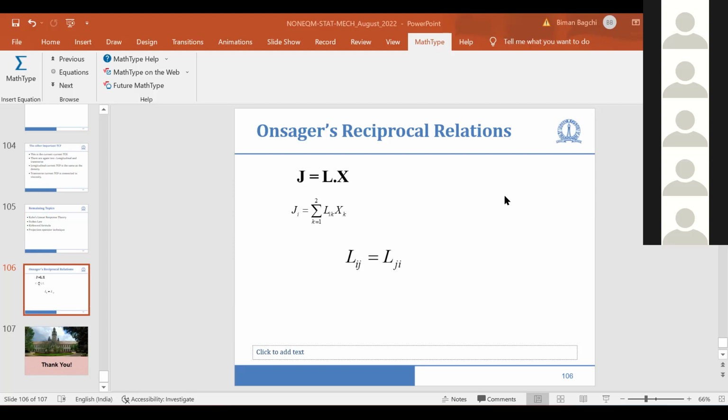Zwanzig's relaxation equation is the starting point of mode coupling and many other applications, but they are all completely dependent on or started from Onsager and Kubo.